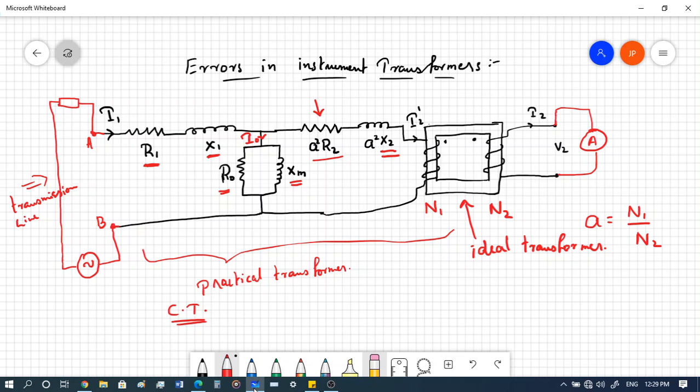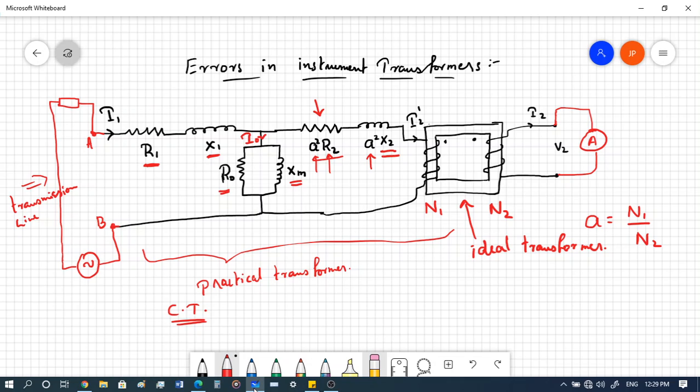And then we have the secondary side coil resistance as R2, which is multiplied with the square of the turns ratio, because we are referring it to the primary side. And then we have A square into X2, which is the square of the turns ratio multiplied with the secondary side reactance.